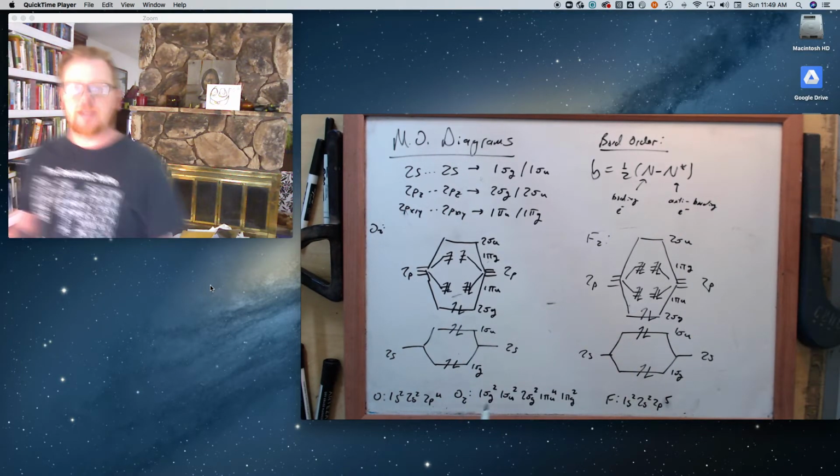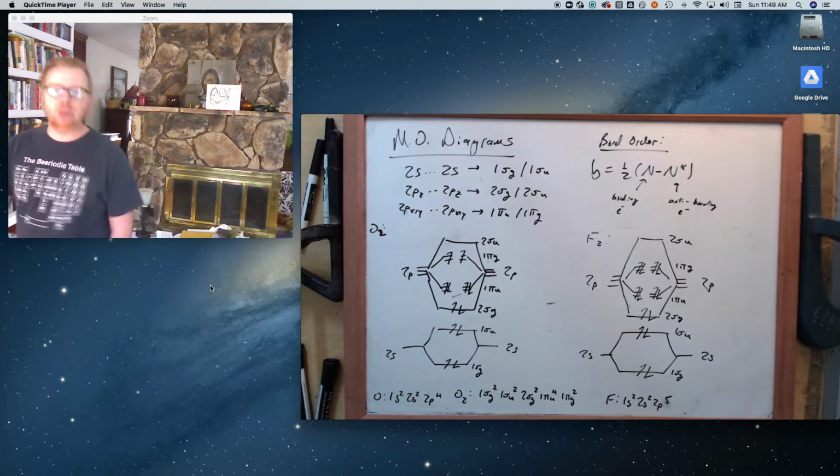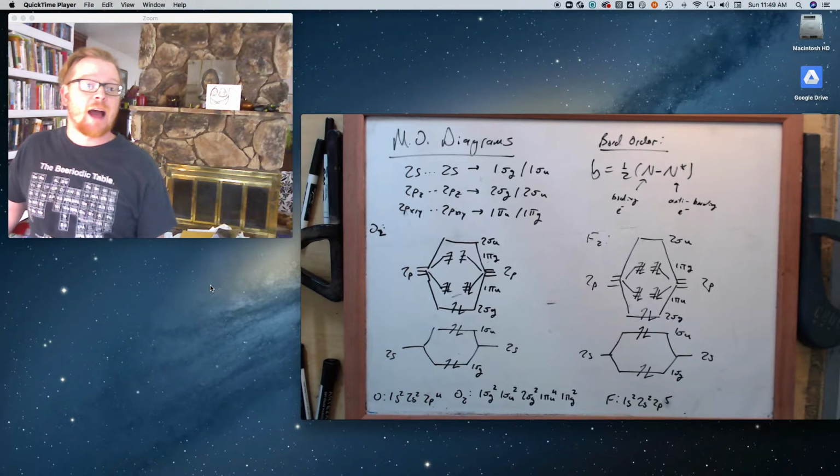So now from these MO diagrams here, I can count up all this stuff and then predict how many bonds it should have. So if bond order is 1, it's a single bond. If bond order is 2, it's a double bond, and so forth.